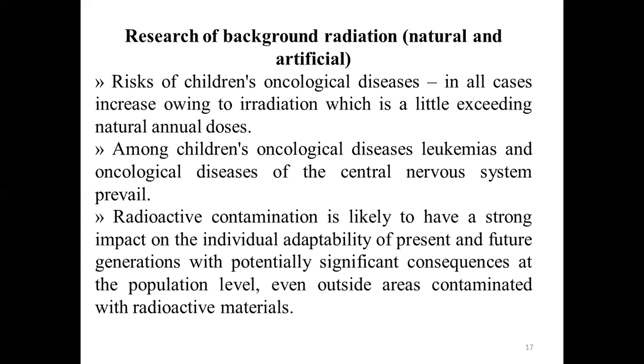Radioactive contamination is likely to have a strong impact on the individual adaptability of present and future generations, with potentially significant consequences at the population level, even outside areas contaminated with radioactive materials.